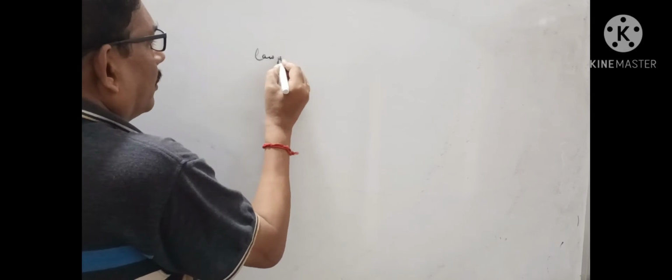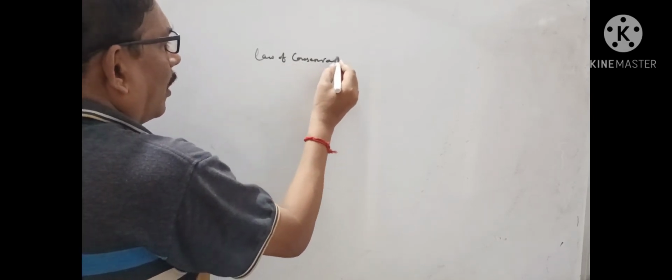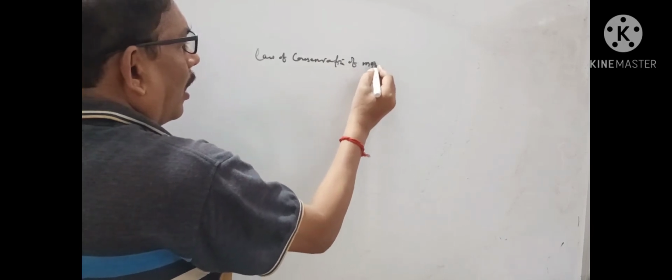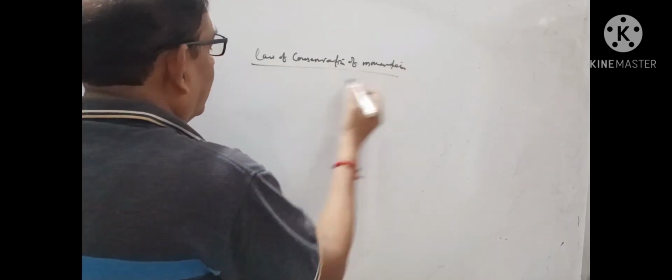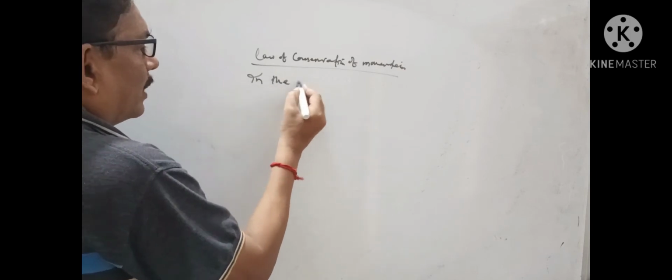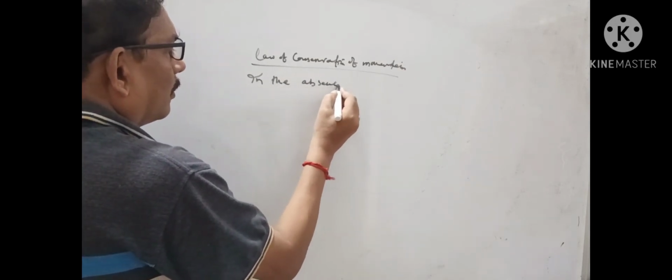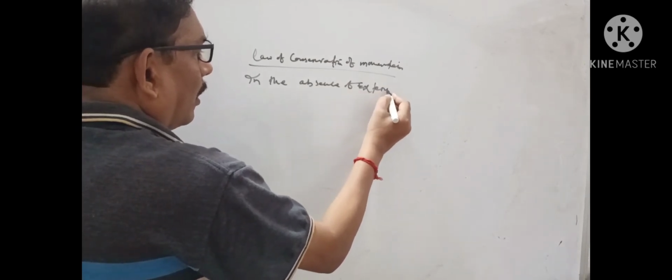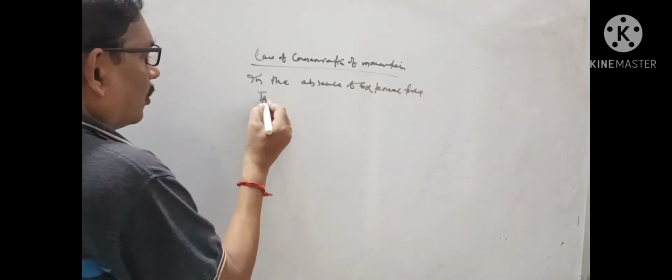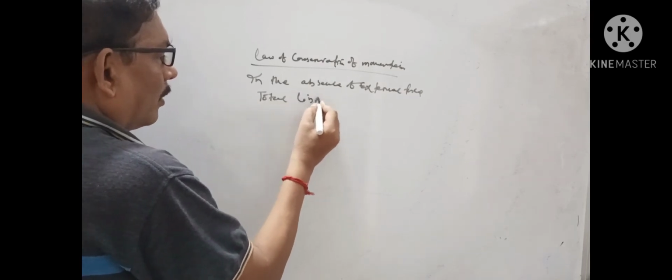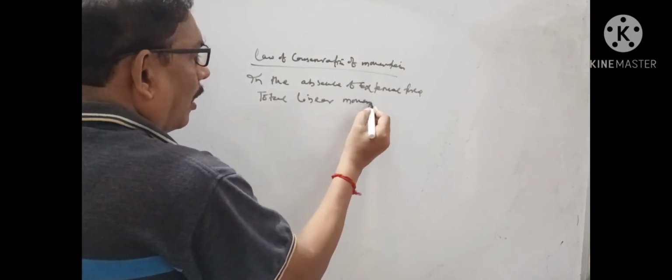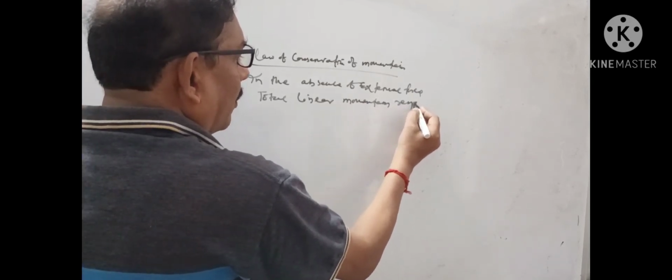Now, law of conservation of momentum. What is the law of conservation of momentum? In the absence of external force, the total linear momentum remains constant. So look here: in the absence of external force, total linear momentum remains conserved or constant.